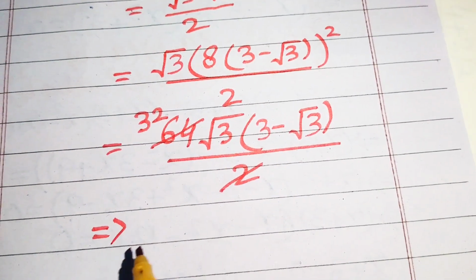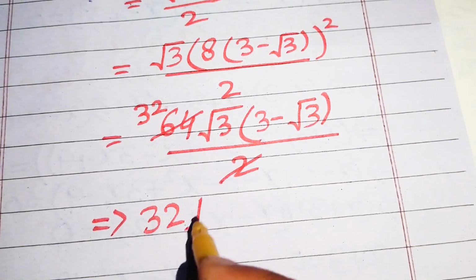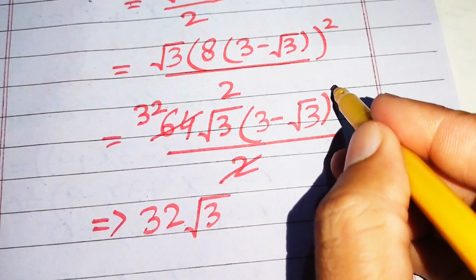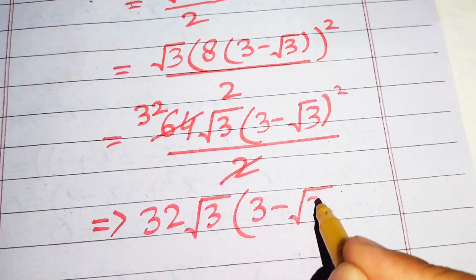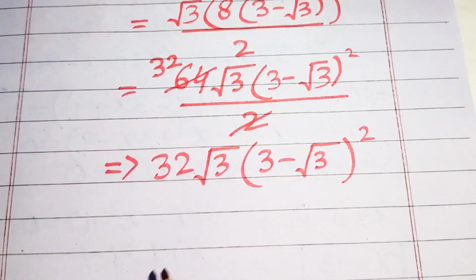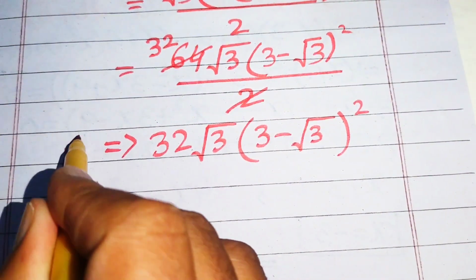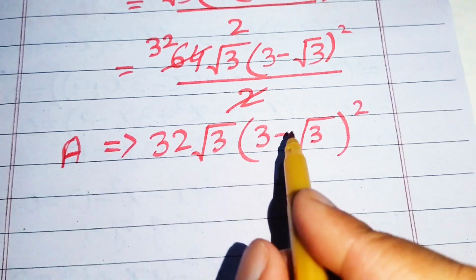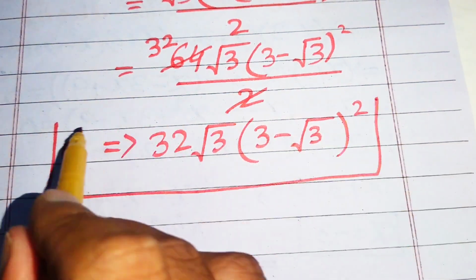So finally we get the area of the triangle is 32 into square root of 3 into (3 minus square root of 3) whole square. Here you can simplify this equation further, and we just open the square of this term, and you get the simplified answer of this question.